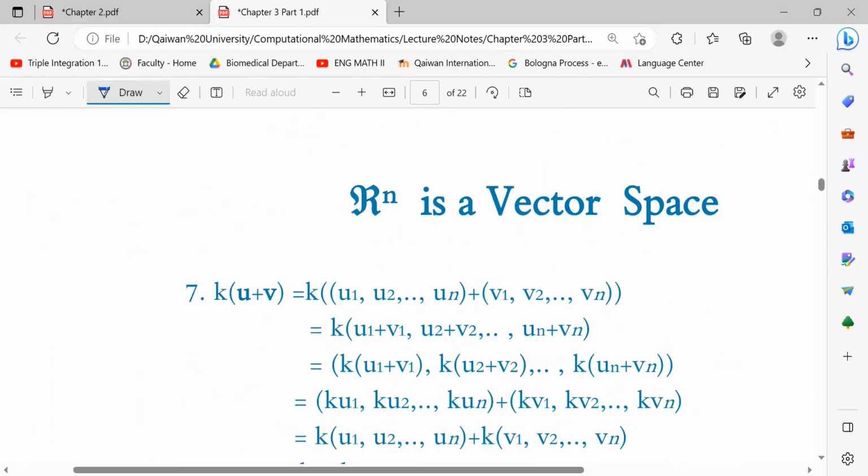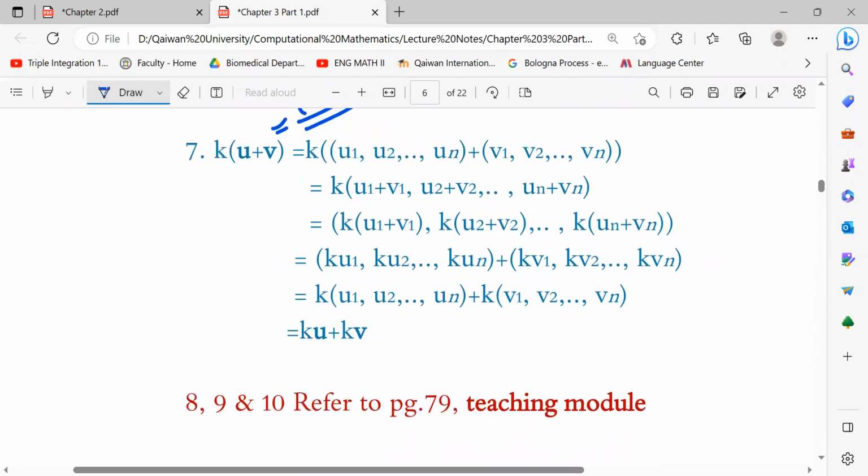For the next one, if we have a scalar multiplied by the sum of two vectors, that must equal ku plus kv. Just put u and v as the vectors u1 up to un and v1 up to vn and multiply it. You get the result. It's easy.